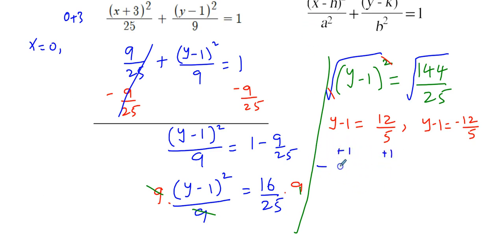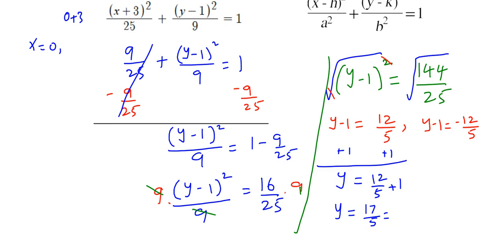Adding 1, the 1 and 1 cancel off. Y is equal to 12 over 5 plus 1. That is, y is how much? 12 plus 5, 17 over 5, and dividing, that gives me 3.4.